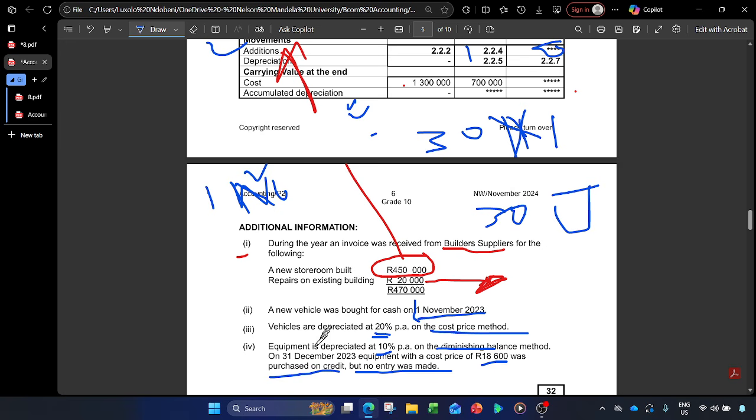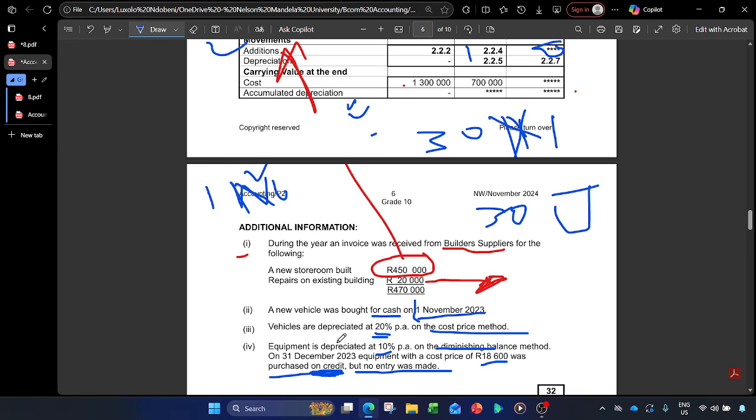So we bought it, it doesn't matter how we bought it, the type of payment, which is on credit. You'll see here the vehicle was bought on cash. It doesn't matter. We're not doing the cash accounting equation or anything here. We're not interested to know the accounts that are affected, but we are interested to know what happened.